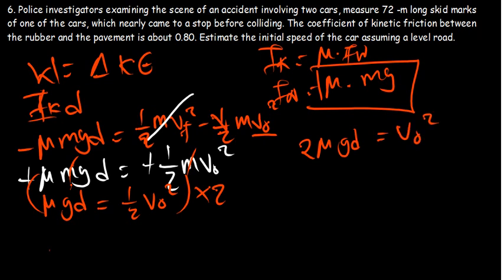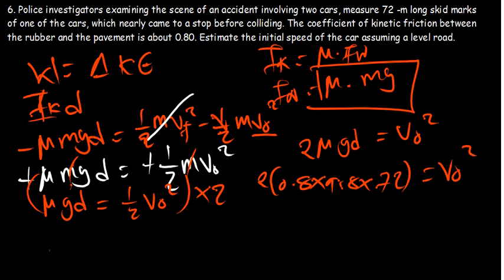Let's plug in the values. 2, our mu is 0.8 times 9.8, the distance is 72, equals v squared. If we are to get that one, then we will find 1128.96 equals v initial squared.